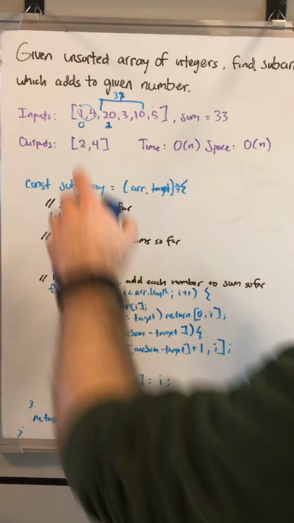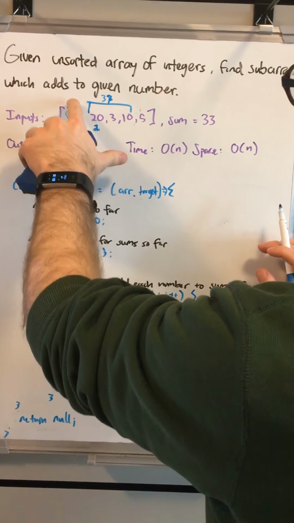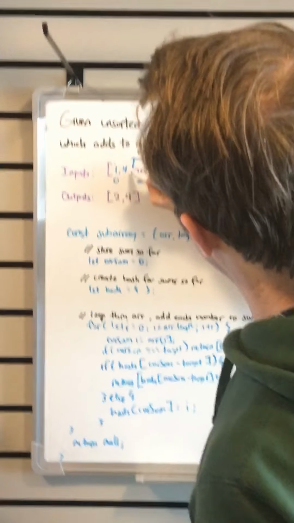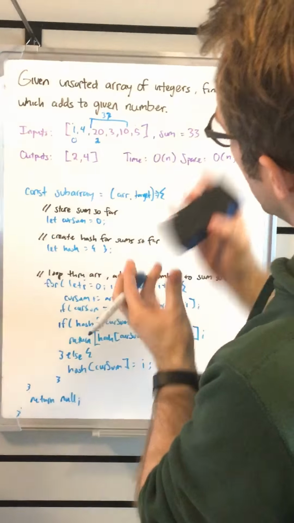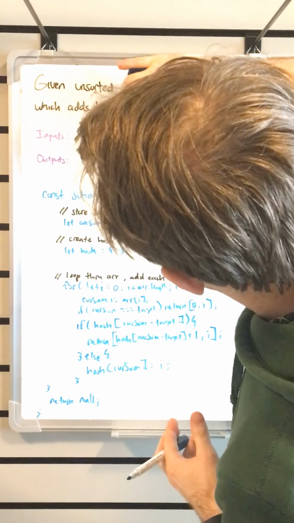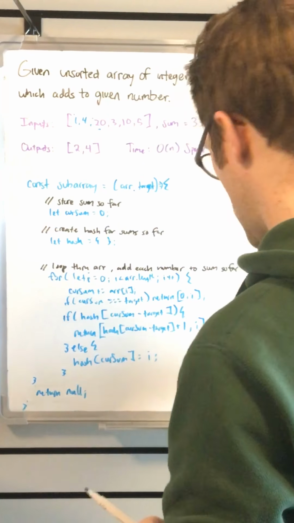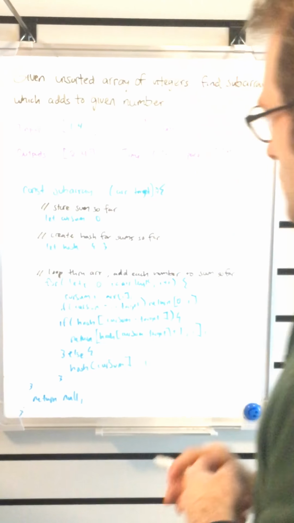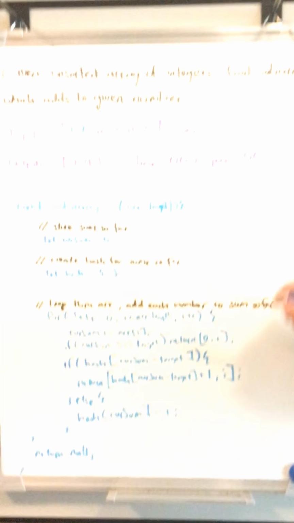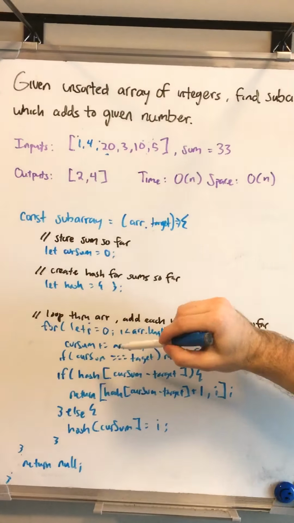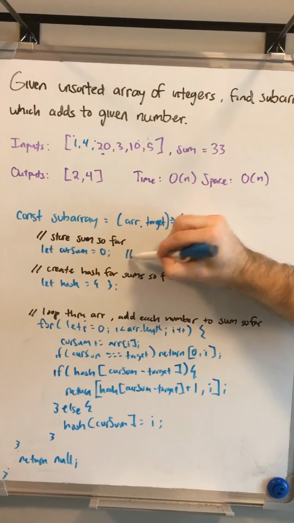So if we step through this again, we have 1 and 4 and 20. Let me take this away. Okay, so we start at the first guy, which is 1. We add it to 0. Current sum becomes 1.